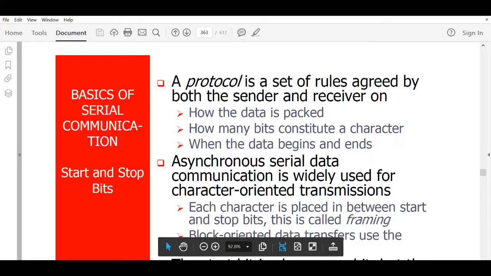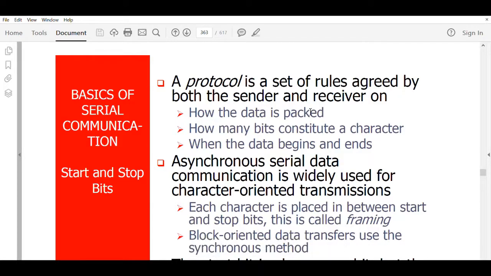How the data is packed, how many bits constitute a character, and when the data begins and ends. So from here to here is the data, and the rest of the bits are something else. And what are those extra bits? All these details the receiver and transmitter should comply with.